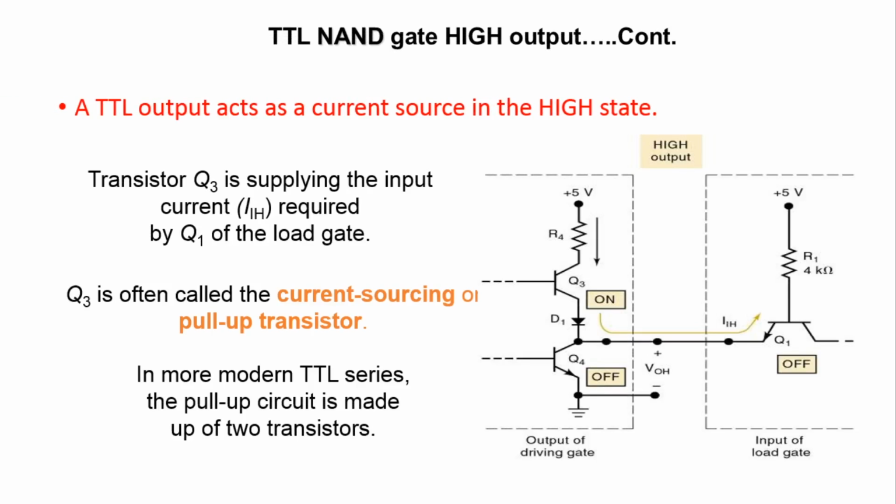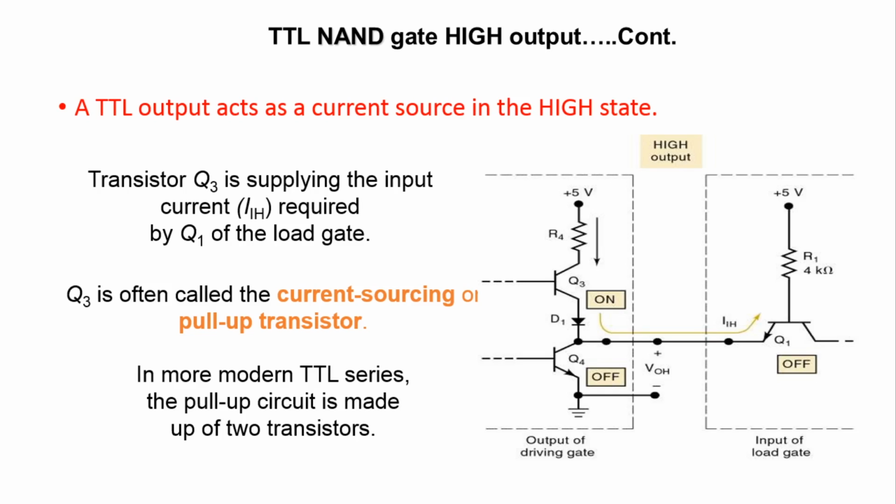A TTL output acts as a current source in the high state. The transistor Q3 is supplying the input current IIH required by Q1 of a load gate. Q3 is often called current sourcing pull-up transistor.